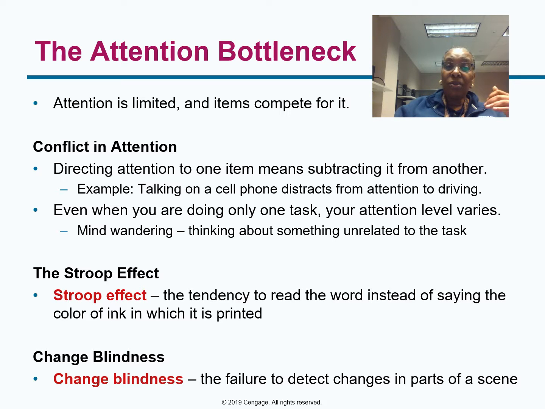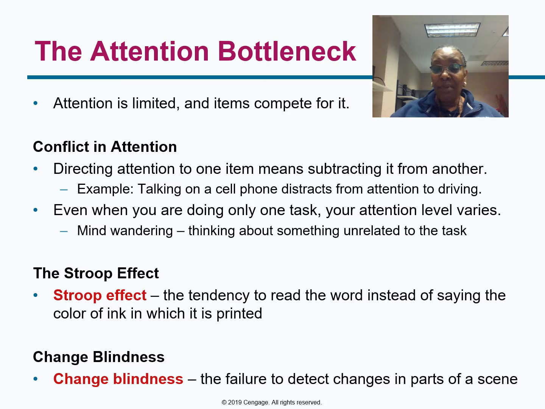You can easily do things at once when the 2 activities are highly compatible, like walking and chewing gum. But people who try to multitask, doing 2 or more unrelated tasks at once, are often more impaired than they realize.